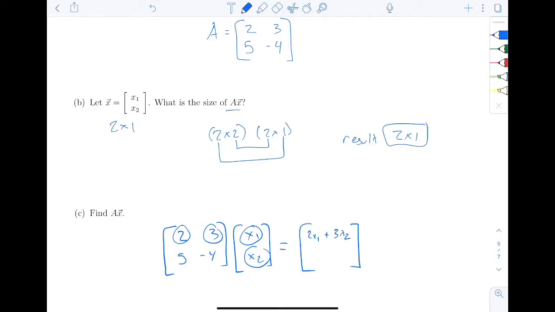What's in the next one? 5x1 plus negative 4x2, and I'll just write that as minus 4x2.